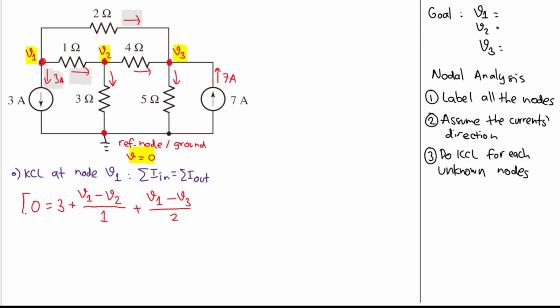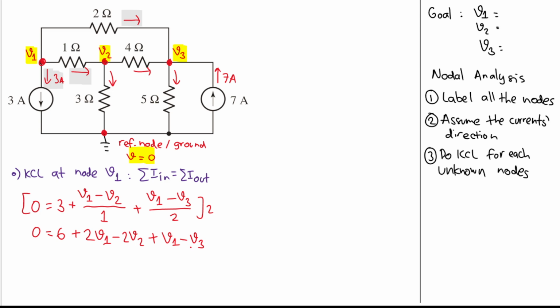Multiply both sides by 2 to get rid of all the denominators. So we have 0 equal to 6, since 3 multiplied by 2 is 6, and then 1 and 2 cancel into 2, so we have 2V1 minus 2V2. Then the 2s cancel each other, so we have V1 minus V3.